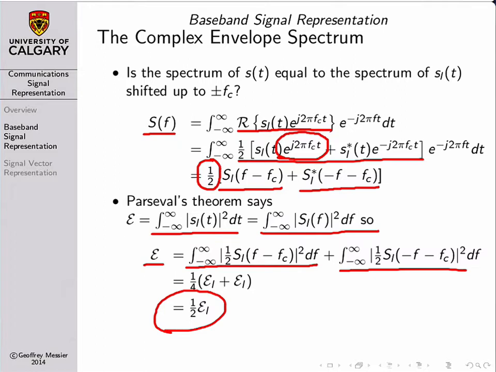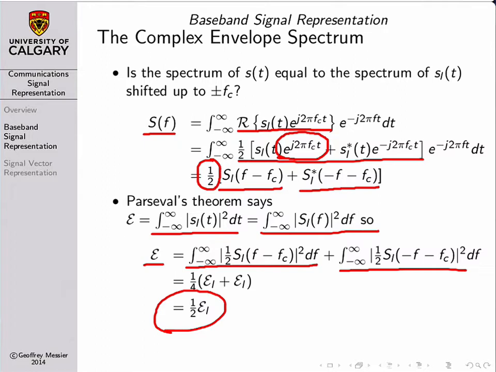Now, sometimes at this point there's confusion about this 1/2 energy relationship. Students think that if the baseband signal and the passband signal are supposed to be equivalent, there should be conservation of energy, and the two signals should have the same energy.